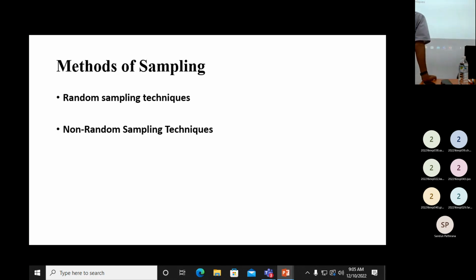In general studies, better to use random sampling techniques.